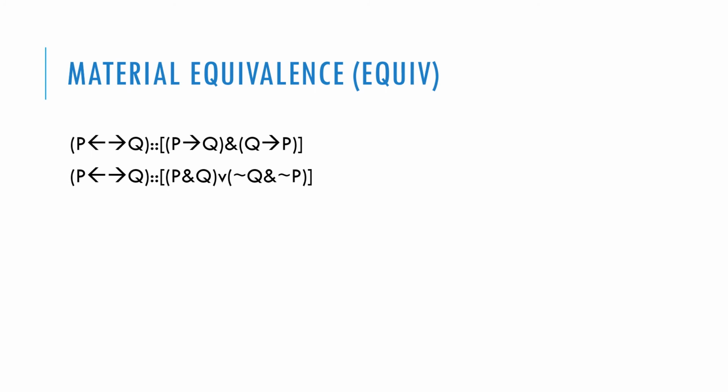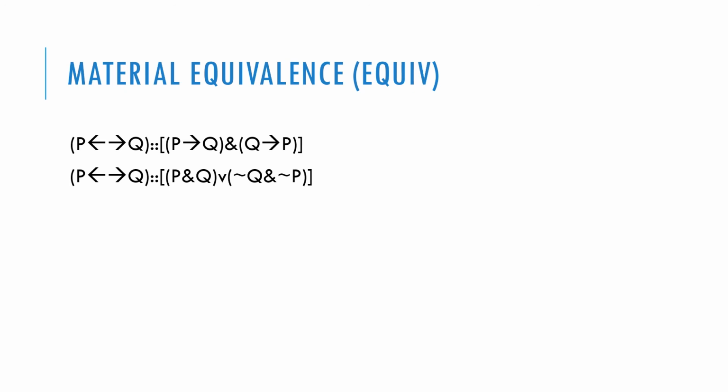Typically, with a conditional statement, it needs to be written in that one way because one is sufficient for one and one is necessary for the other. But using a biconditional, such as P if and only if Q, we see that both are necessary and sufficient for one another. Similarly, if I say P if and only if Q, I can say P and Q, or not Q and not P.